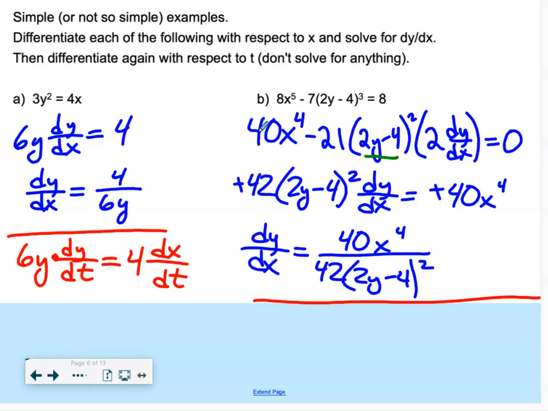Might want to pause the recording. Oh, thank you. Tommy, pay attention to what variable you're differentiating when you write your differential.